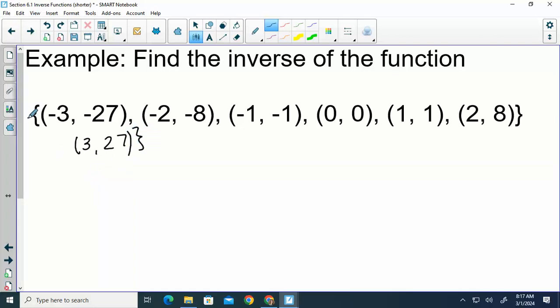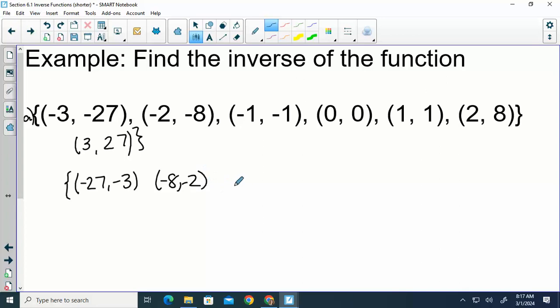So, what do we do to find our inverse? Nope. What's the inverse say? Reverse the x and y values. So what would the first ordered pair in the inverse be? Negative 27, negative 3.